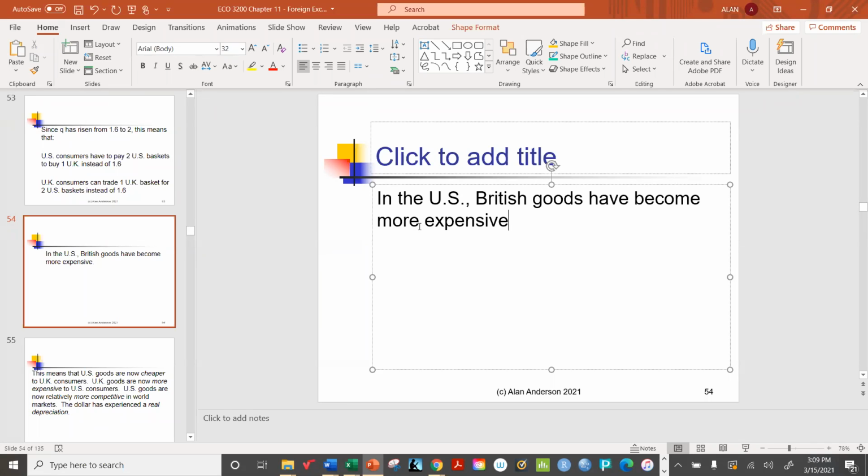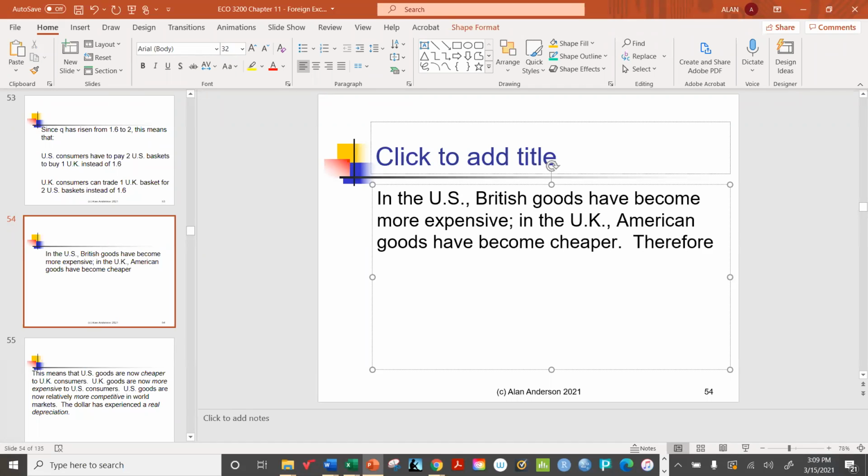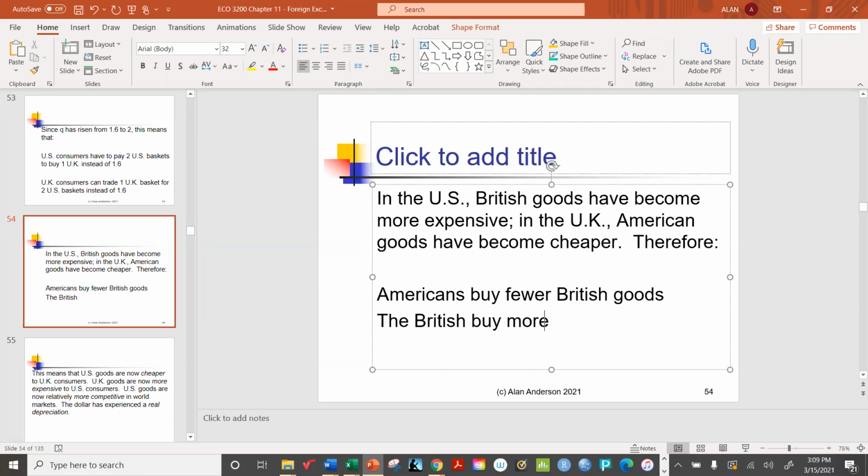In the UK, American goods have become cheaper. Therefore, Americans buy fewer UK goods, or fewer British goods. The British buy more American goods. And the result is that the US trade balance improves.